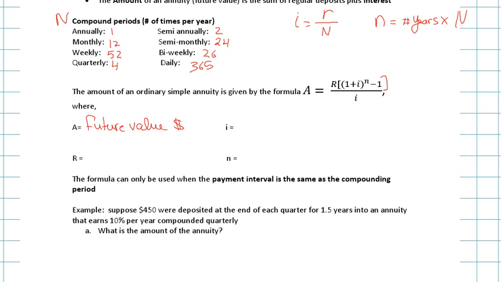R is your regular payment amount. i is the interest rate in decimal per compounding period.